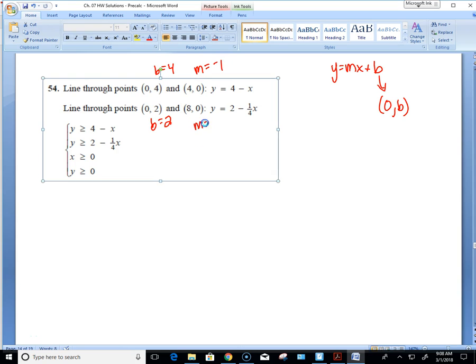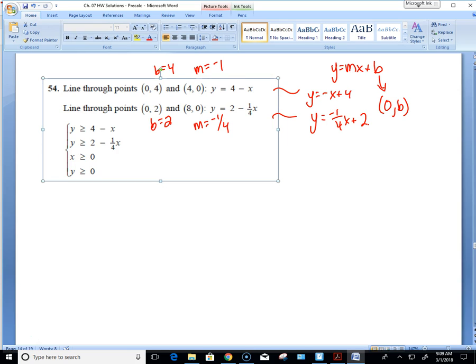That gives negative 2 over 8, which is negative 1/4. And they wrote them kind of funny, but it's the same thing as negative x plus 4 and negative 1/4 x plus 2. You could have just plugged straight in. They just wrote it kind of weird to make it look nice with the negative.